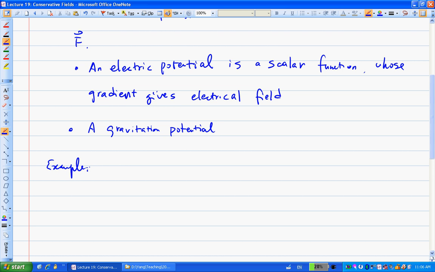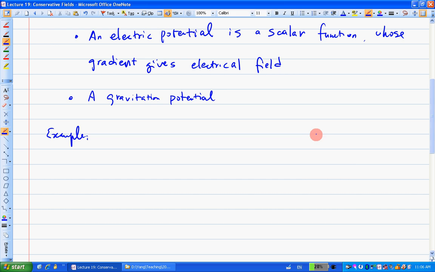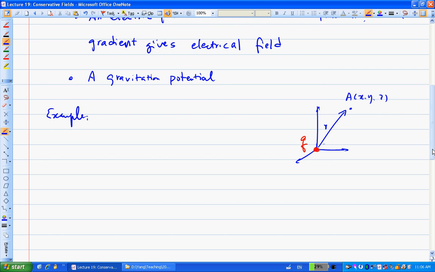Let's say I have an electric potential. We'll use a charge for illustration. Maybe I have a charge right here, with a Q, and here's a point in space. The position is indicated by a vector r, or the distance here is r.